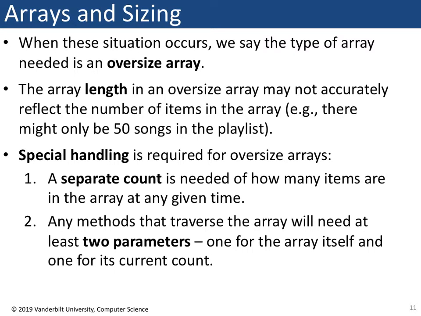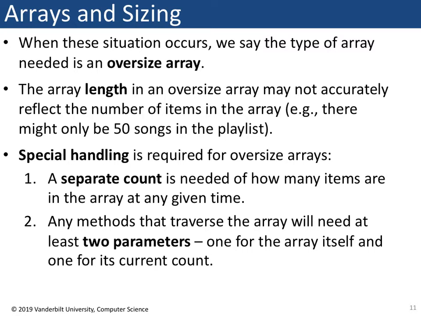But in an array used to store songs for a playlist, if I only add 50 songs to my playlist, then I'm only using the first 50 elements of this array. So the number of items in the array may not match the length of the array. For this reason, we need to handle these oversized arrays a little bit differently than we typically handle normal arrays.